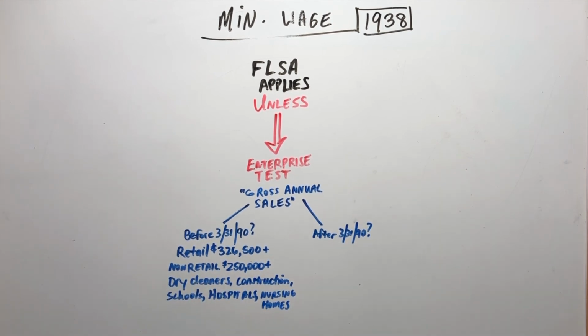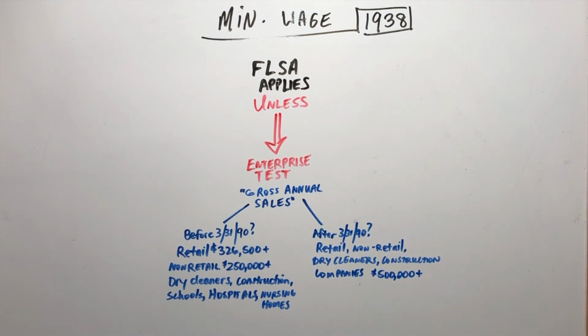If you were a dry cleaner, construction company, a school, a hospital, or a nursing home, and your sales were greater than zero, it applied to you. If you began operations after March 31st of 1990, then some different values come into play.